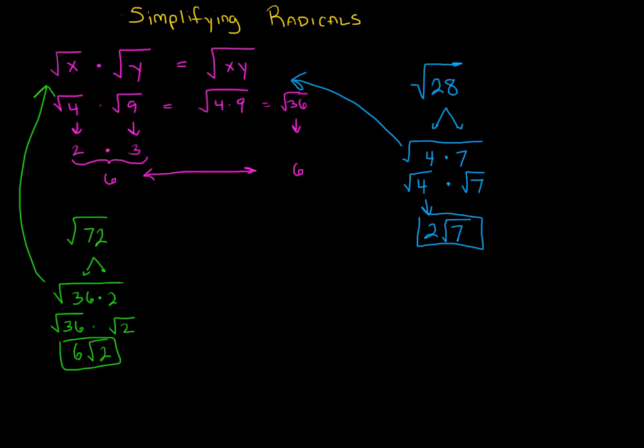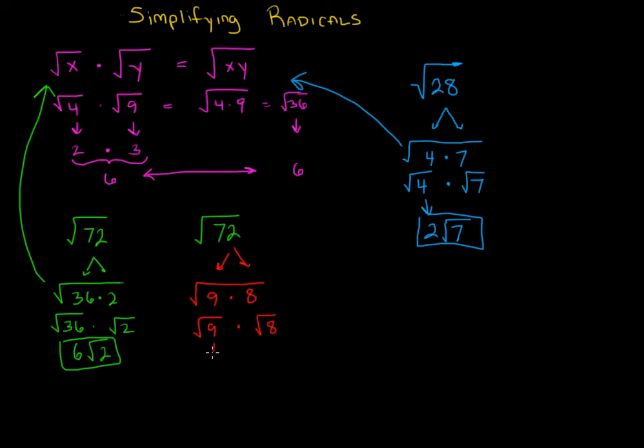Now, you might have been thinking of something else. When I said the square root of 72, you might have broken that up into a different pair of numbers or a different set of factors. You might have said, well, isn't that 9 times 8? It is. So we can say that's the square root of 9 times 8. And that's okay. We can do that because 9 is a perfect square. Remember, you only want to break these numbers up into perfect squares, so a perfect square times another number is what we're looking for. So we can say that's the square root of 9 times the square root of 8.